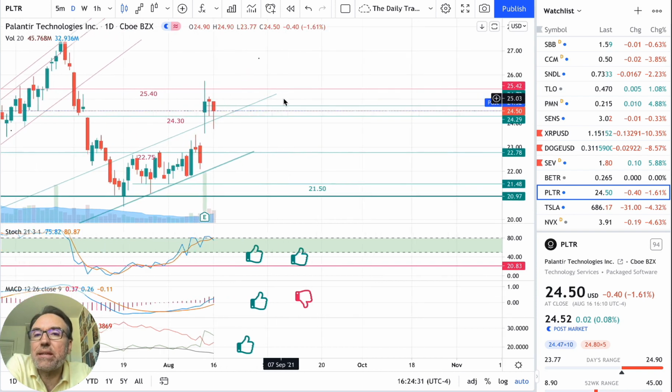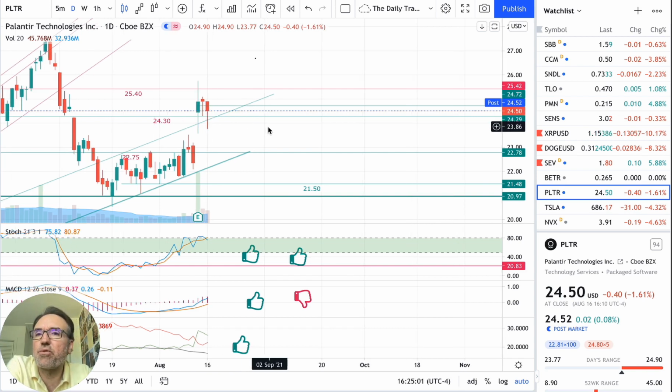But today, we opened reasonably high at 24.90, then went quite a bit down to 23.77, breaking 24.30 and breaking this support here that was a resistance before, going back up. So a very strange day for Palantir.